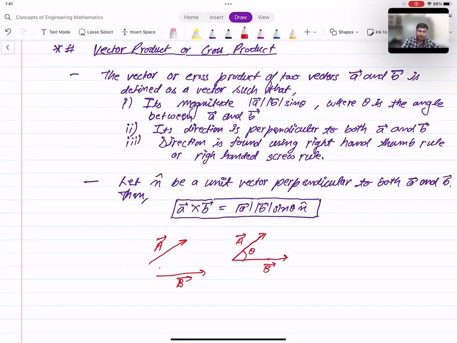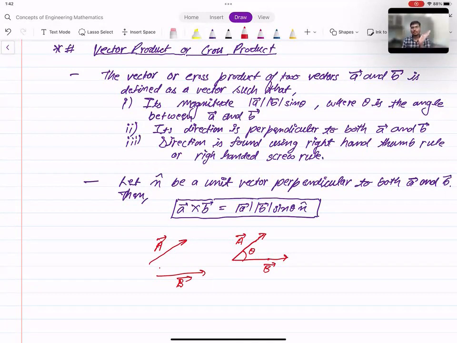And now to find the direction, if we are doing A cross B, then we need to move from A to B using the right hand thumb rule. Say this is A and this is B, so like this, A cross B. It might appear to you like it is coming out of the screen, but this is going into the screen.